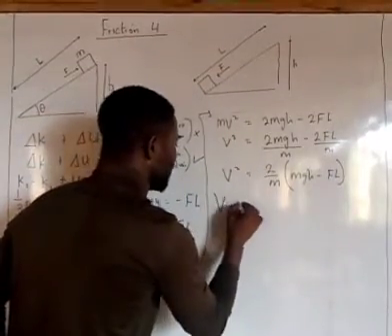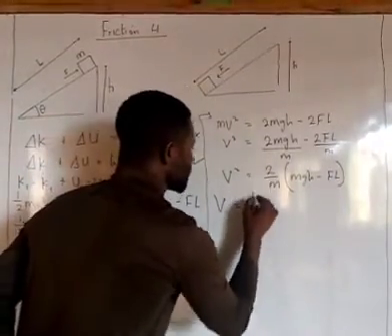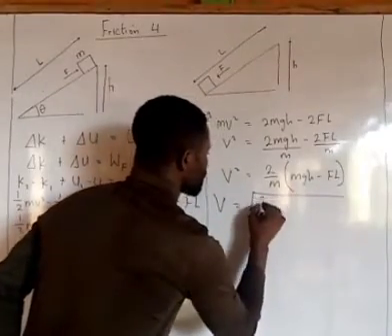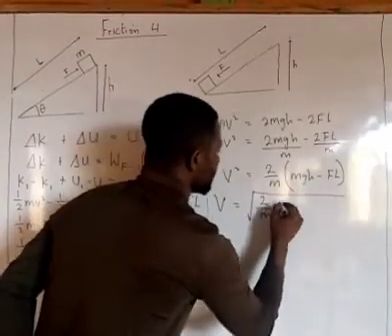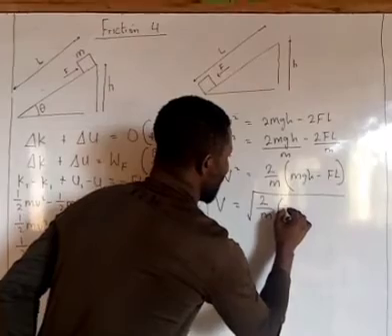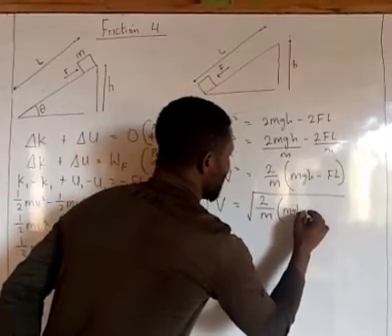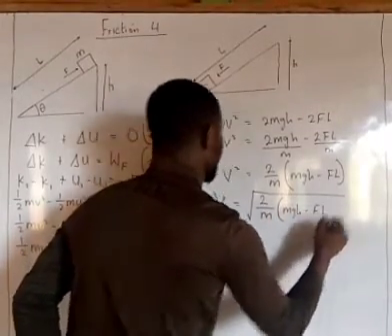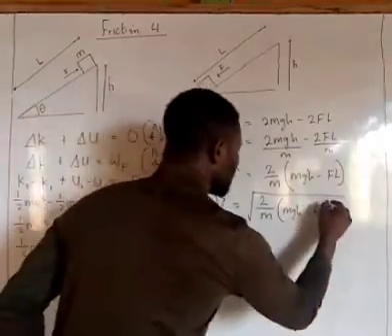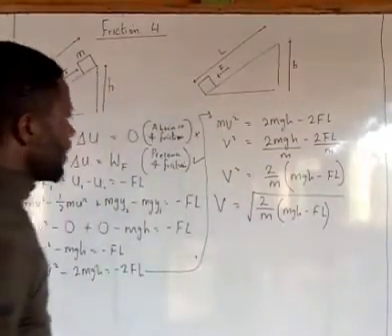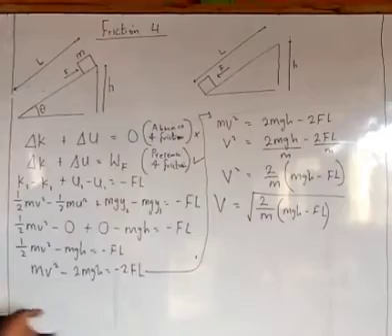So v here will be square root of 2 over m, open bracket, mgh minus FL.